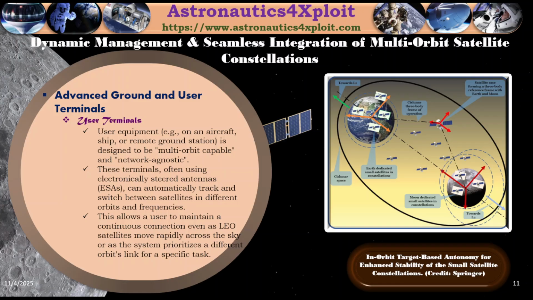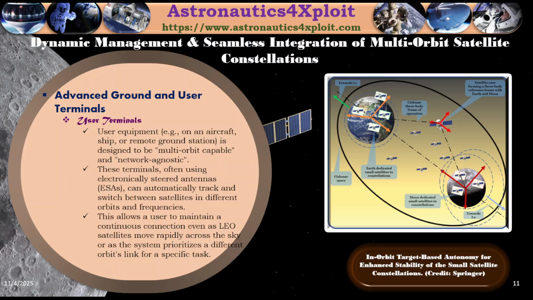User terminal, advanced ground and user terminal is another component of dynamic management and seamless integration of multi-orbit satellite constellation. User equipment, such as on aircraft, ship, or remote ground station, is designed to be multi-orbit compatible and network agnostic.